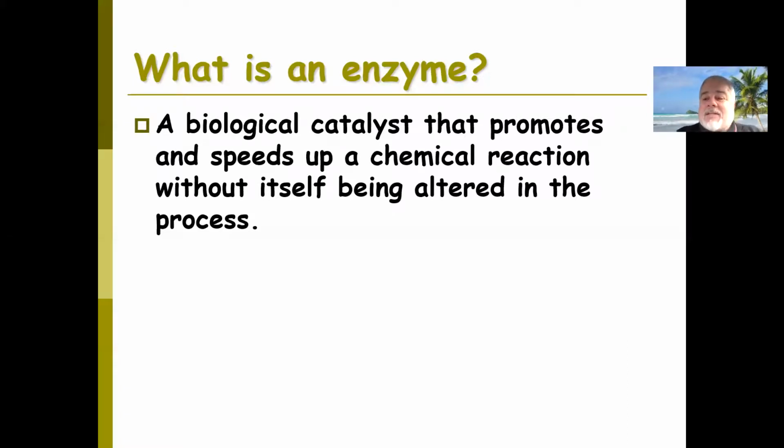So that's a catalyst. You may have heard of a catalytic converter in your car. What is that? Well, it's a special device in your exhaust system that gets really hot because of the hot gases coming out. It has special catalytic material on thin plates that get really hot.